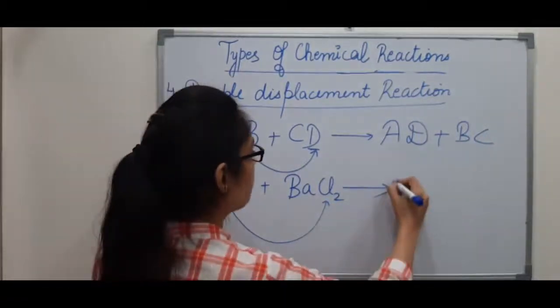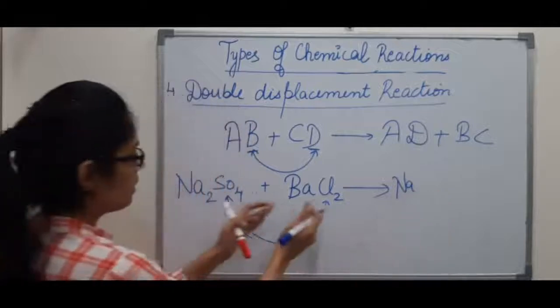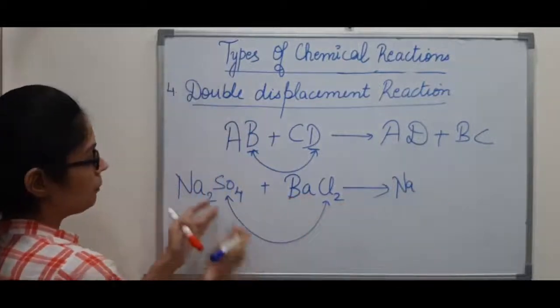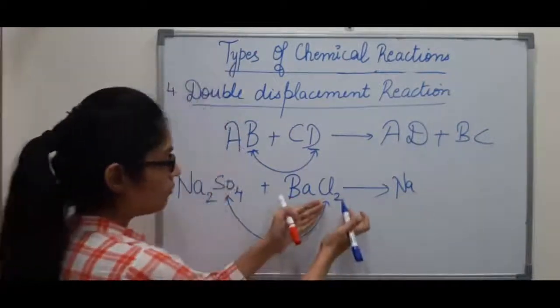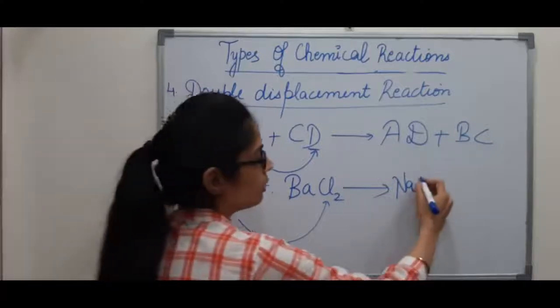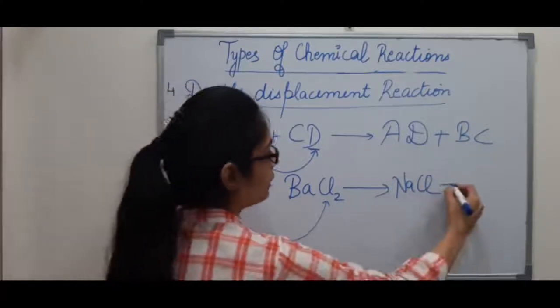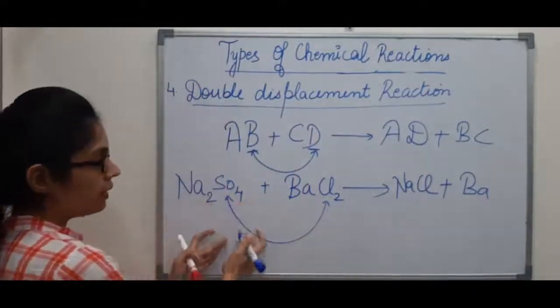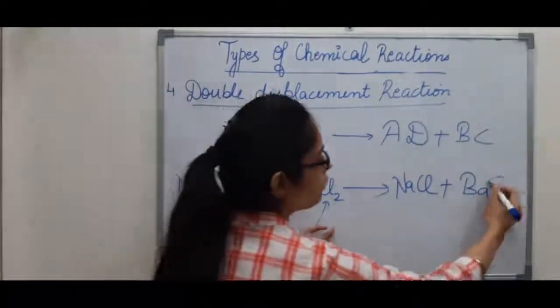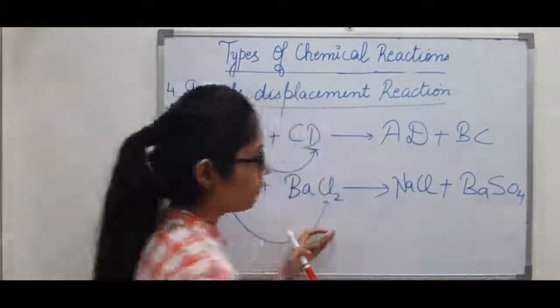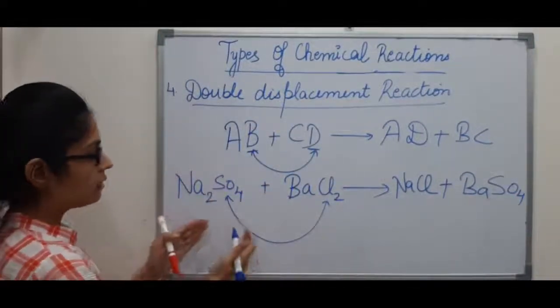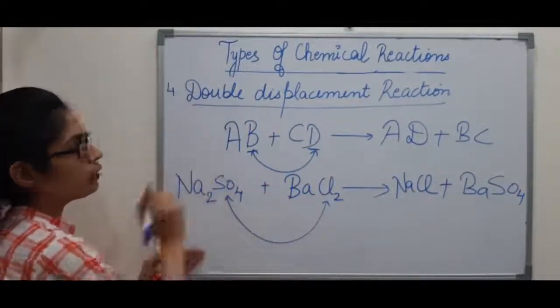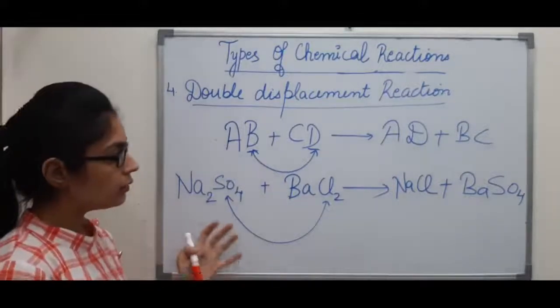So I will get sodium chloride, plus barium sulfate, as the chloride comes over here and the sulfate goes over there.